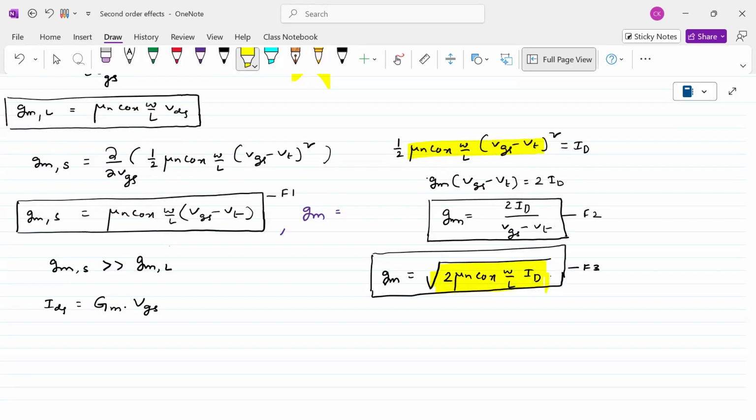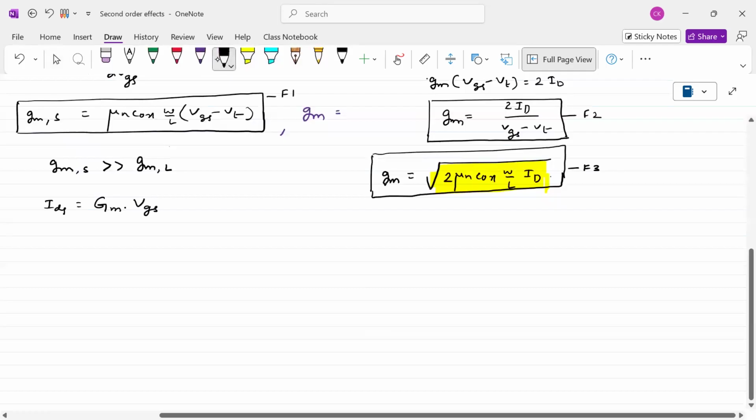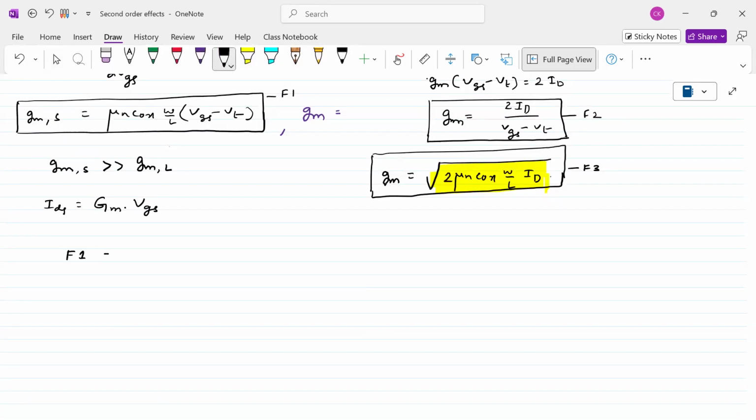So, the three forms that we have seen. What is the conclusion about form 1? gm is proportional to W by L ratio and VGS minus VT. Agreed? So what does it mean? If you want to increase the gm of a transistor, what do you have to do?